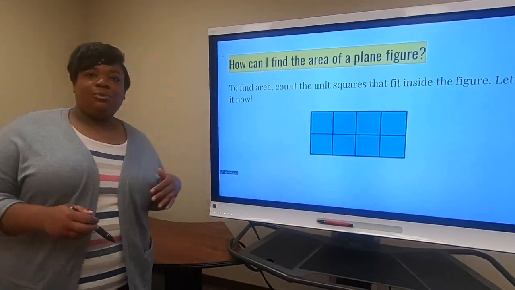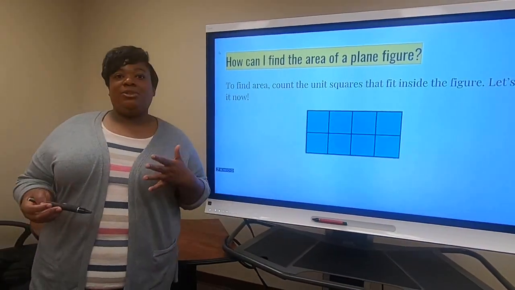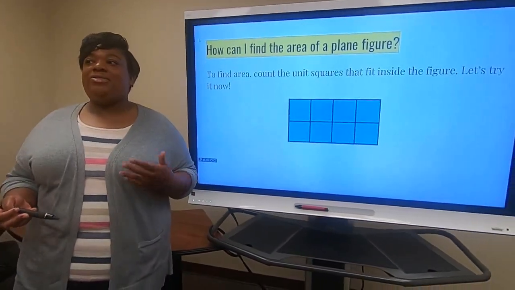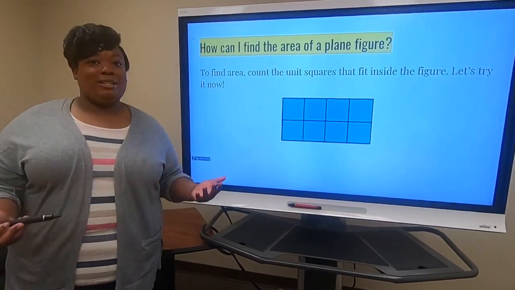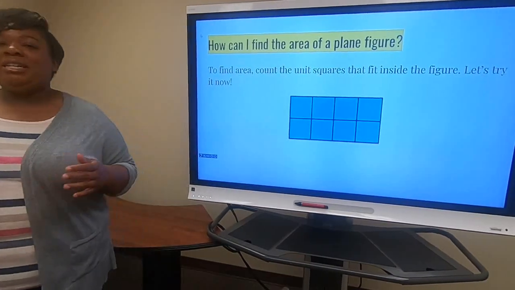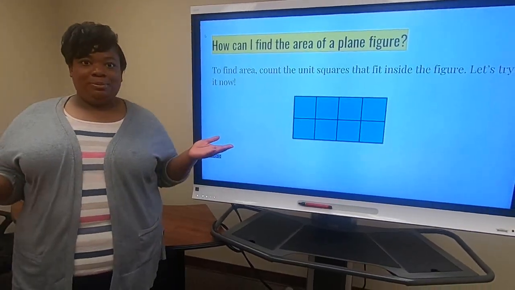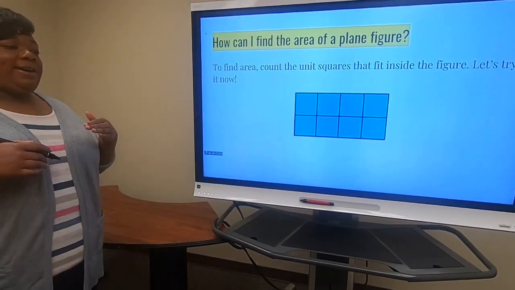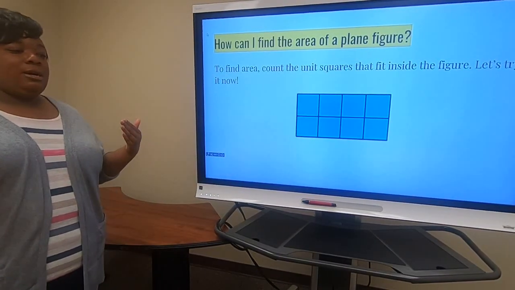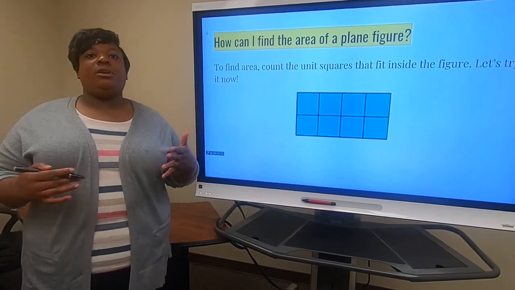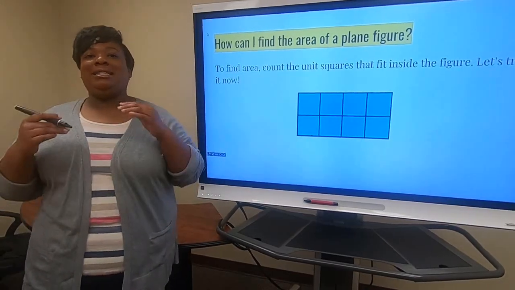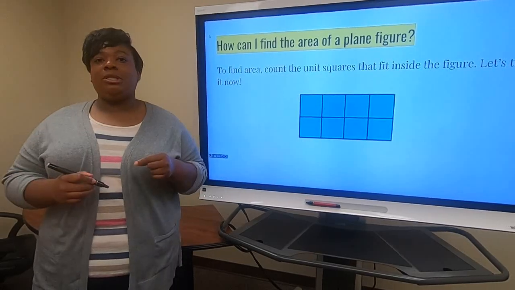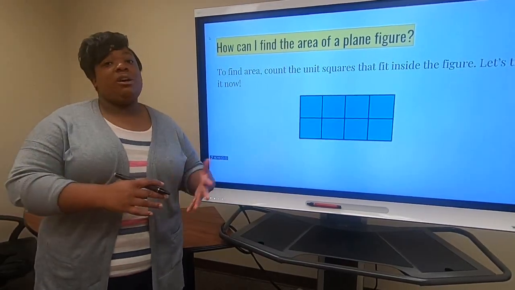So, what I often tell my students is when you think about area, think about the floor in our classroom, okay? When you look down at the floor, you see what? You see tiles, okay? So, if someone was constructing a building or something like that, they would need to know exactly how many tiles they were supposed to have in order to complete the room.